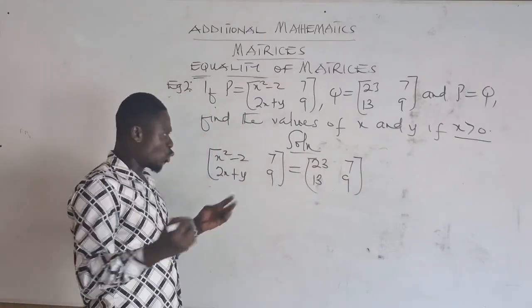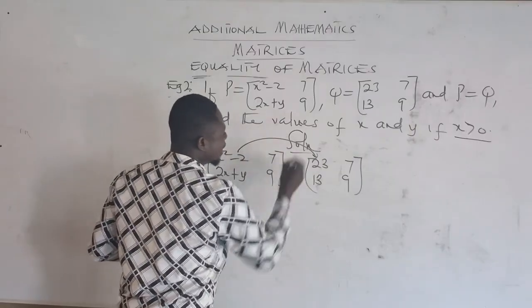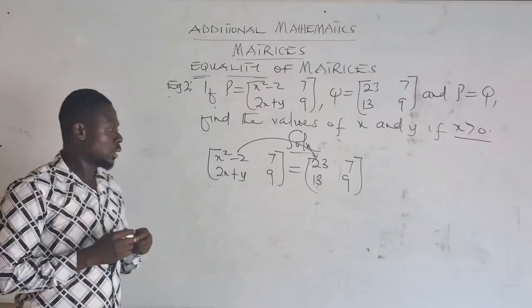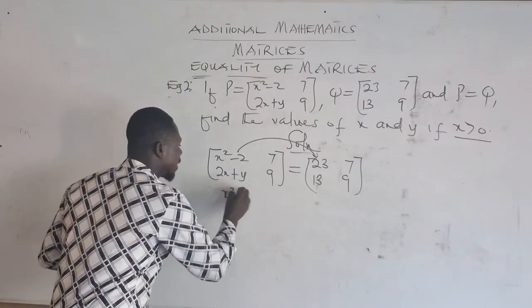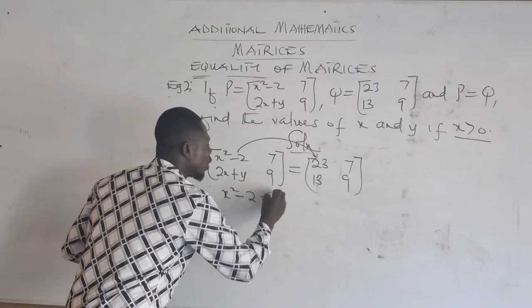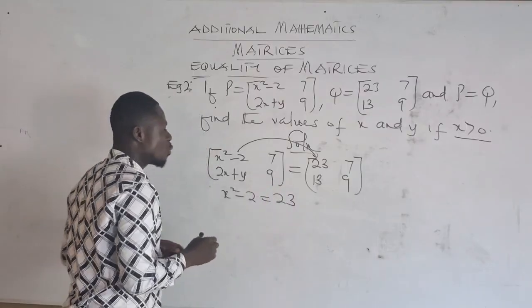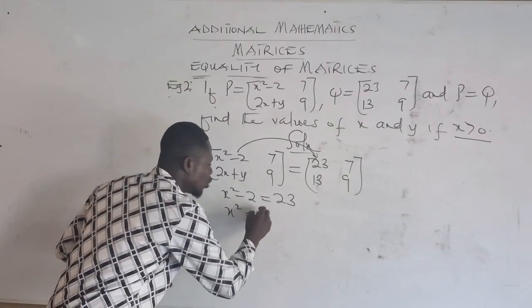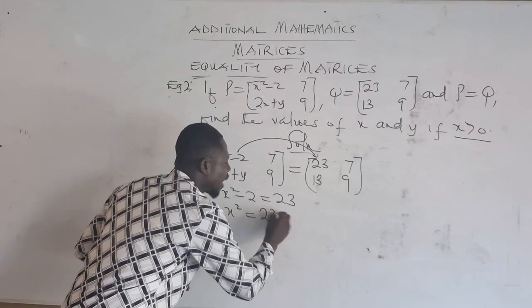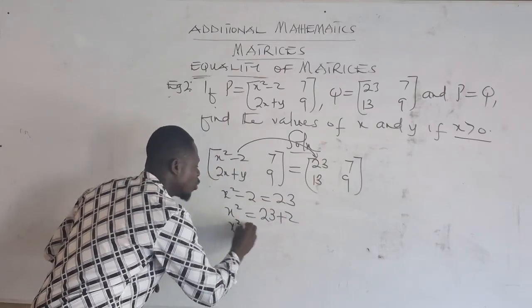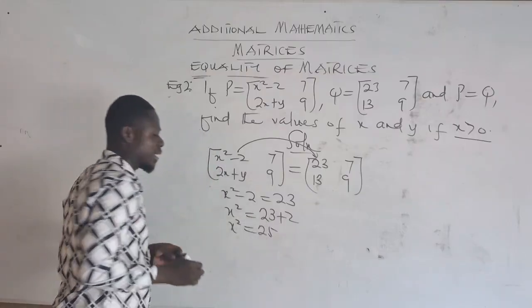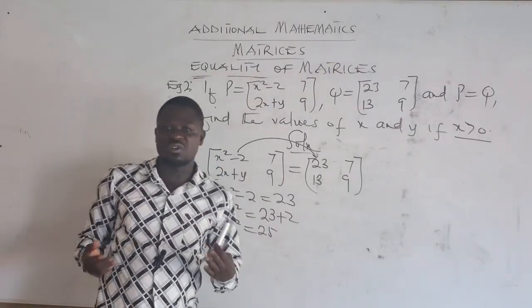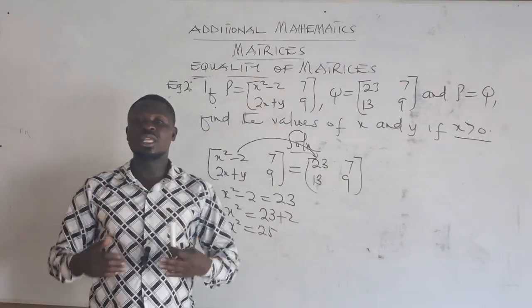By equality, this will be equated to this because that is where the problem is found. So we will have x squared minus 2 is equal to 23. By simple grouping of like terms, x squared will be equal to 23 plus 2. x squared will be equal to 25. In order for us to find the value of x, because there is a square, we need to get rid of the square.